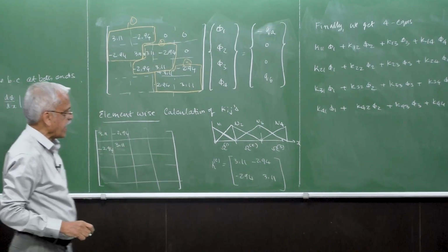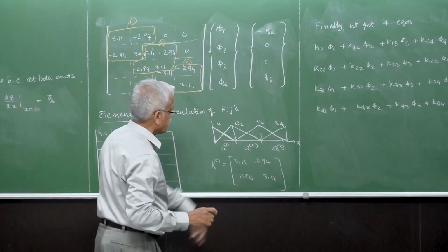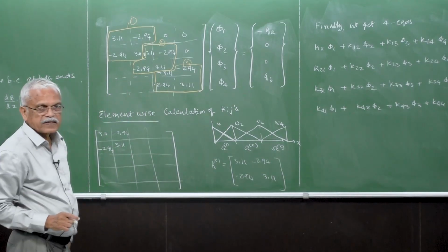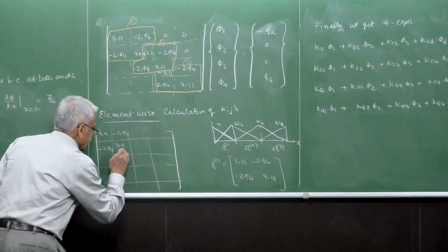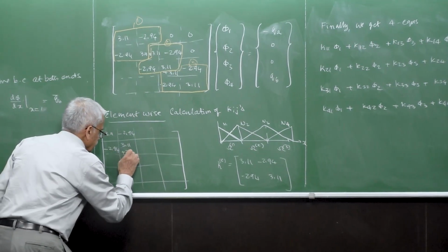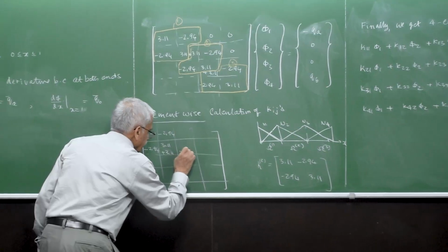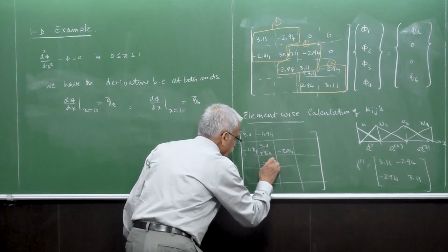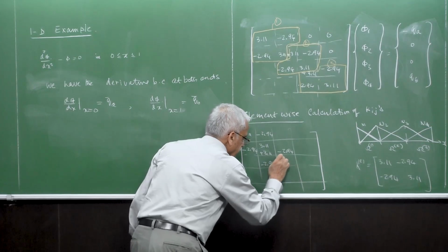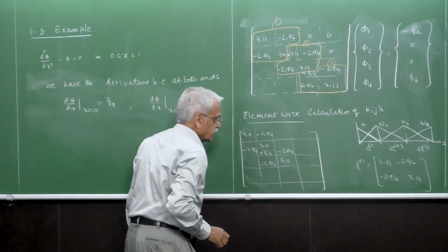Right? And element 2 will contribute to 2 and 3, that is 2, 2, 2, 3, 3, 2, 3, 3. So that contributes 3.11, minus 2.94, 2.94 and 3.11.